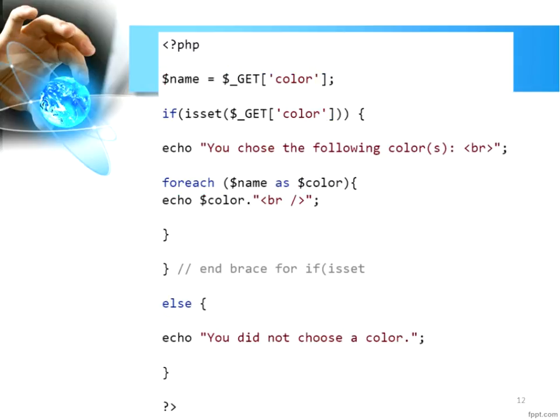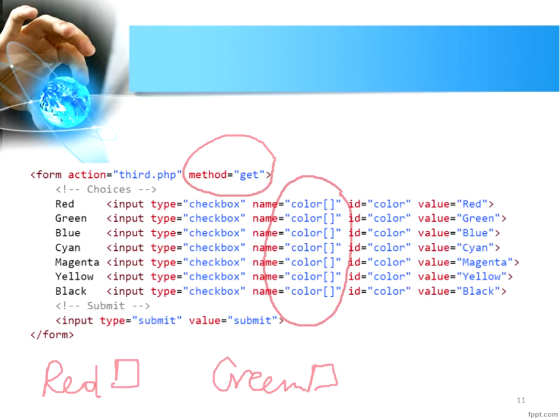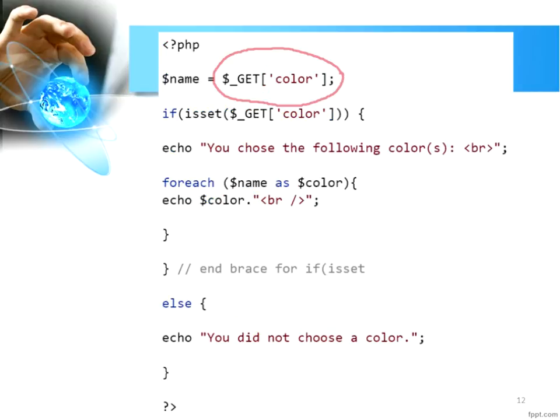So in PHP code, here, I have to write $_GET color. Is it clear? So in my example, if I modify GET to POST, I will write $_POST color, not GET.